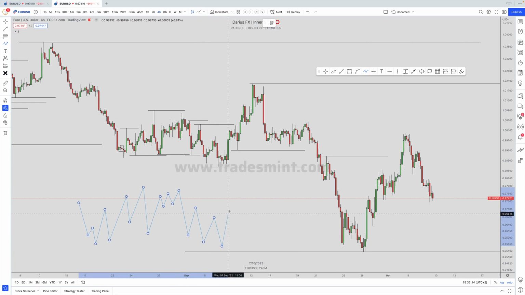Then again, break of structure, respecting bullish, moving up, and so on. So this is exactly what I just mapped out, this till this up move.